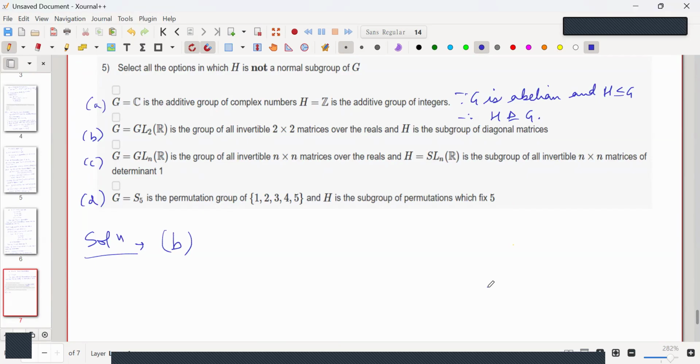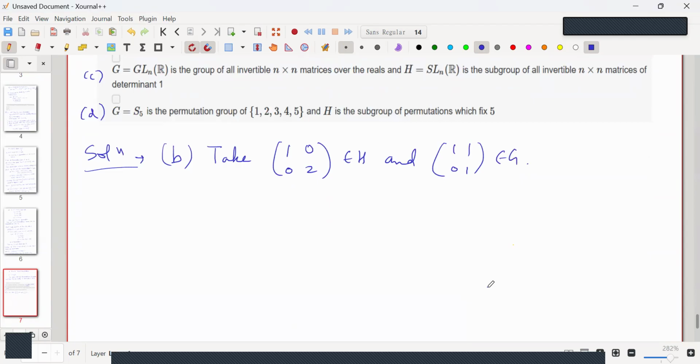Okay, so consider the matrix [[1,0],[0,2]]. This belongs to H. And take [[1,1],[0,1]]. This is inside G. And the inverse of this element in G is [[1,-1],[0,1]].